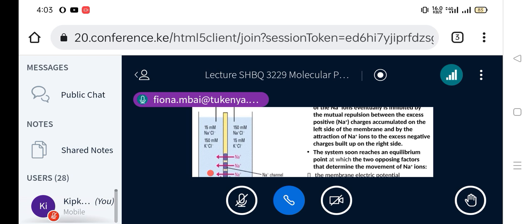into the cytosolic compartment. So this system will eventually reach equilibrium, and at equilibrium, the two opposing factors that determined the movement of sodium ions, that is the membrane electric potential and the ion concentration gradient, which we started off with, balance each other out.